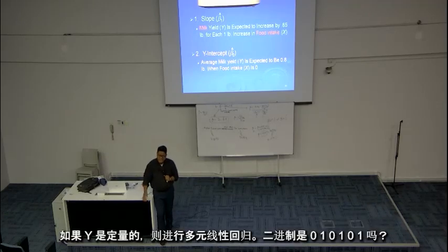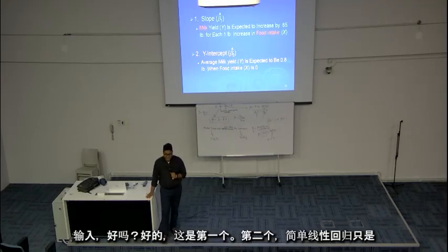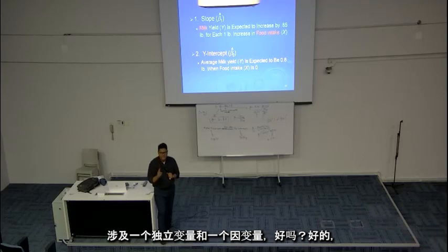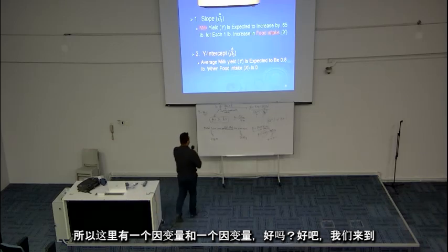If Y is quantitative, proceed with multiple linear regression. If it is binary, 0, 1, 0, 1, you can proceed with binary logistic regression. It depends on the Y input. The second point: simple linear regression involves only one independent variable and one dependent variable.